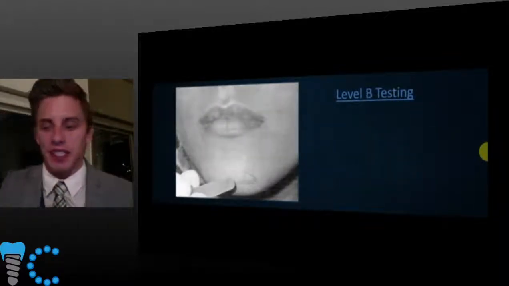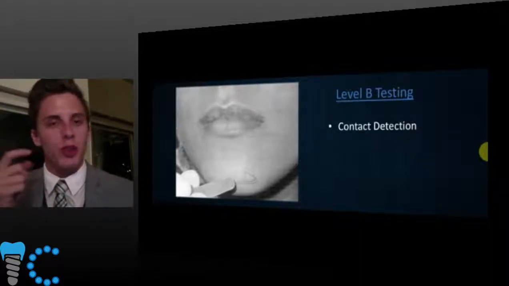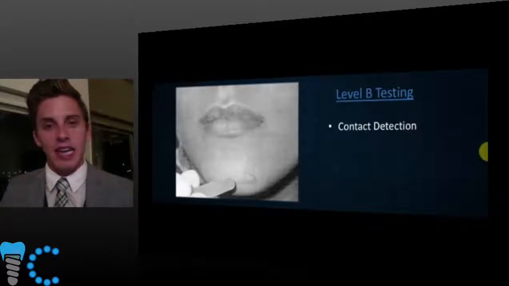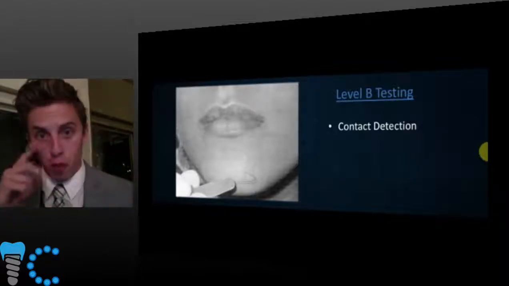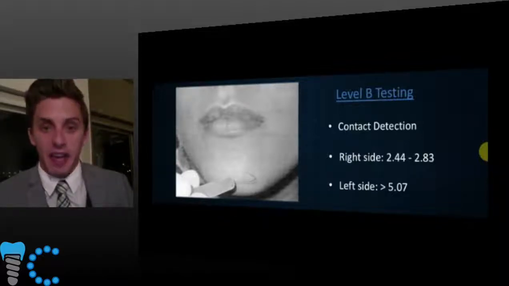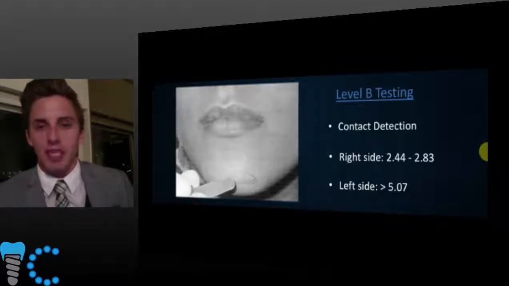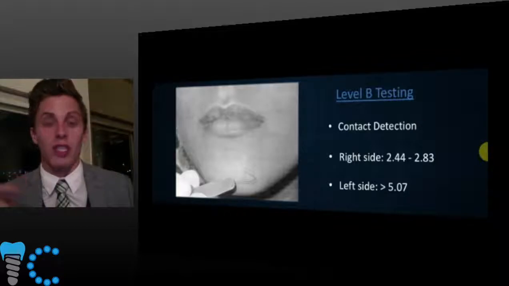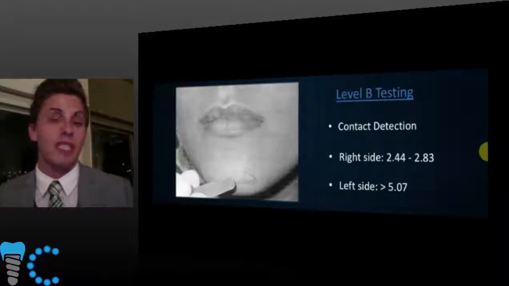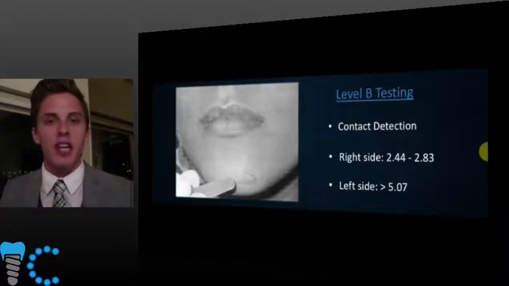Level B testing. Remember, this is our contact detection. This is with those von Frey filaments, okay? They bend at a certain force applied. So the right side, again the unaffected side, unsurprisingly, is 2.4 to 2.83. That just means that a certain amount of force or a lighter filament was able to be touched on her right side, and she was able to feel that, which is not surprising.